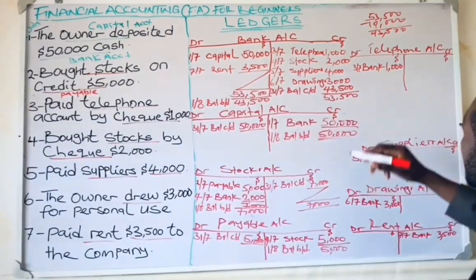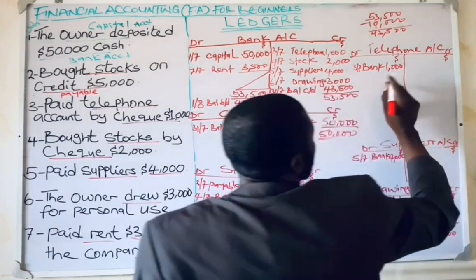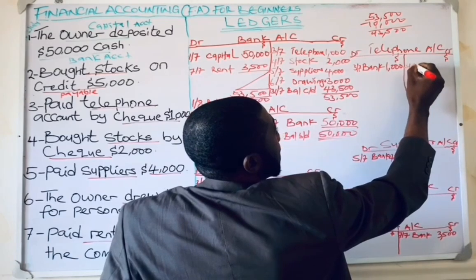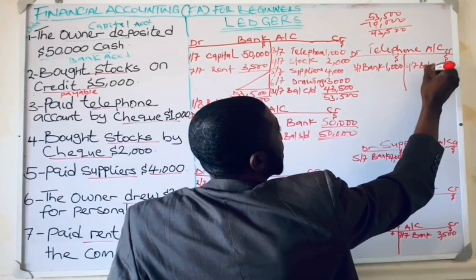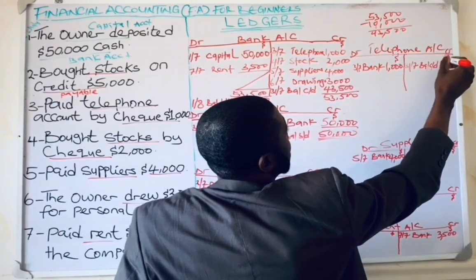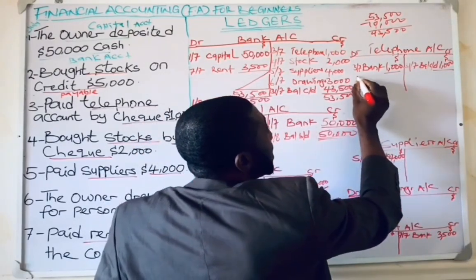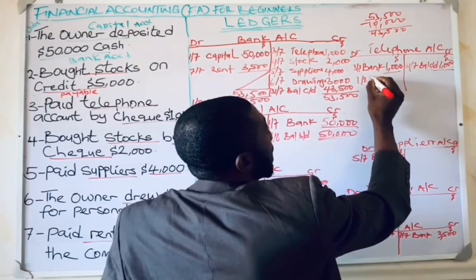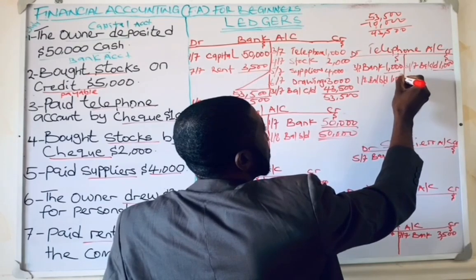Let's continue. On the telephone account, there is nothing here. So at the end of this month, July, our balance CD is $1,000. At the beginning of next month, August, we will have our balance brought down, BD, of $1,000.